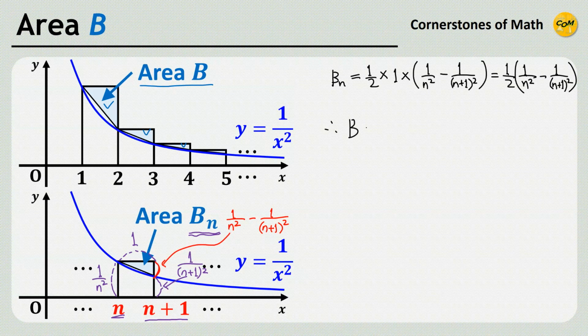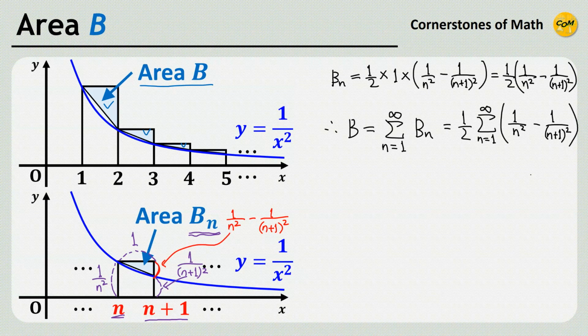Therefore, the area B of the infinitely many triangles is equal to the sum of areas Bn, where n goes from 1 to infinity. So we have 1/2 times sigma of 1 over n squared minus 1 over (n plus 1) squared. Here, the sum of this series is equal to the limit of the partial sum, k from 1 to n, of 1 over k squared minus 1 over (k plus 1) squared, and then n goes to infinity.